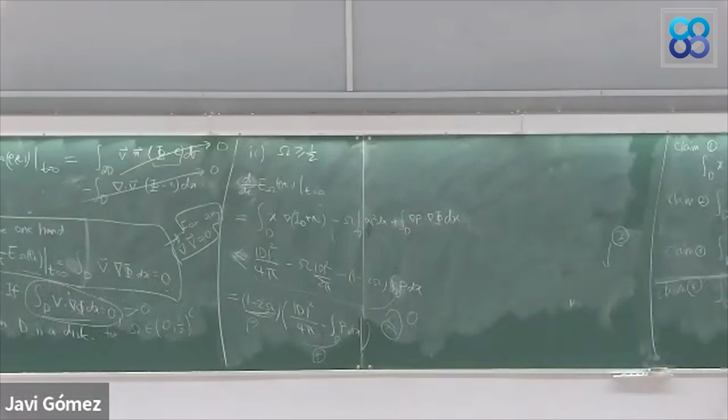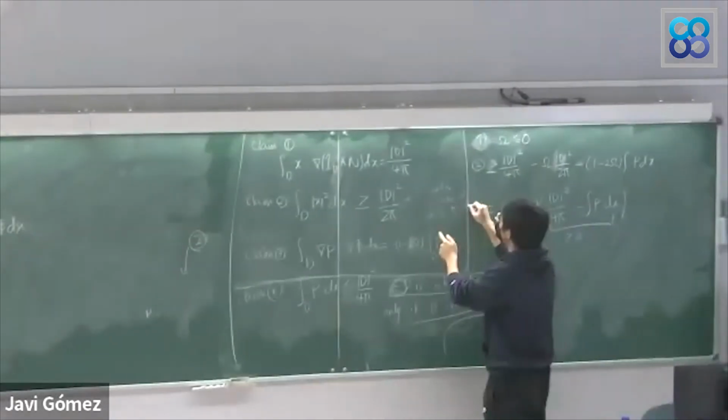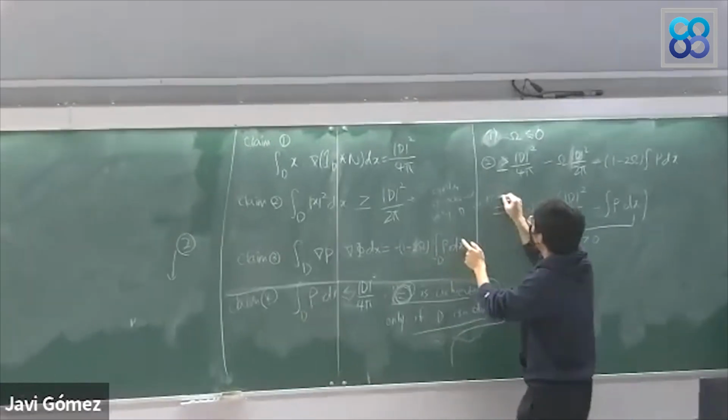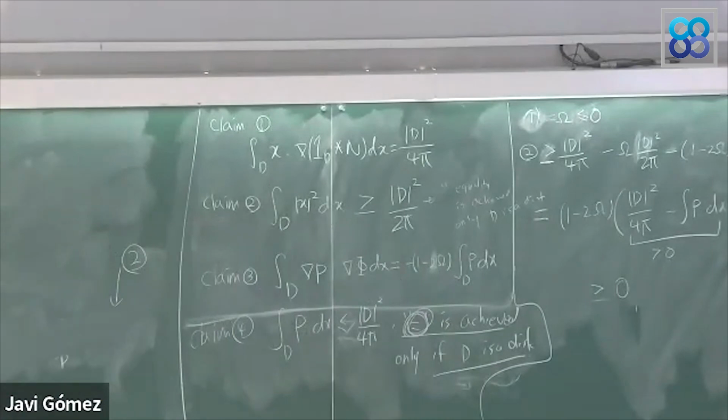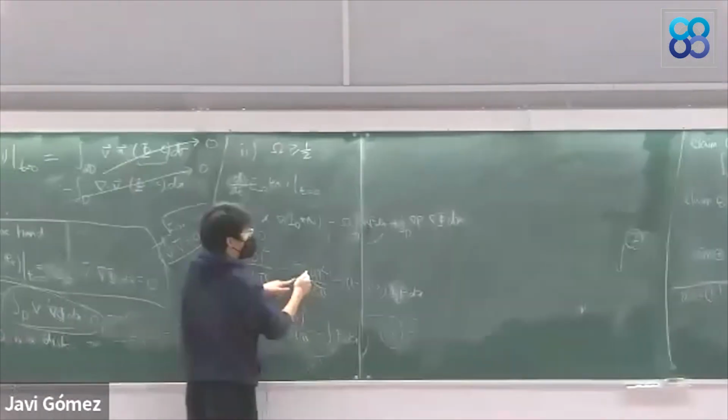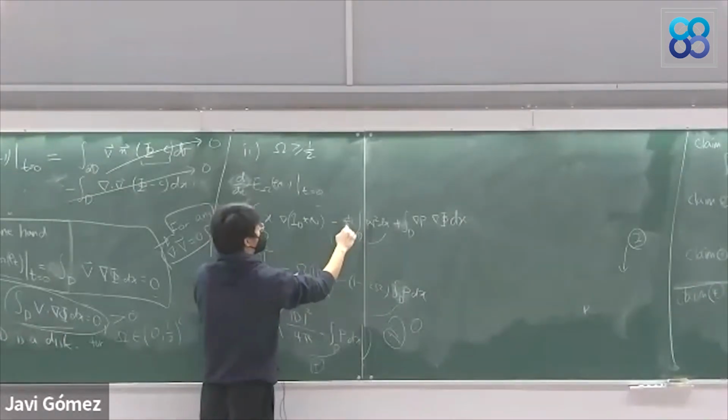So for this case, I didn't really mention it because I didn't notice we really need it. But in this case as well, the equality is achieved only if D is a disk. So here, instead of replacing this by this exact value, you can just plug in 1/2.